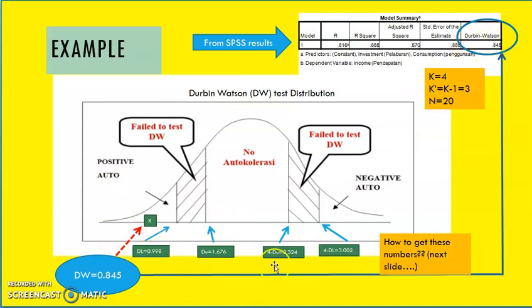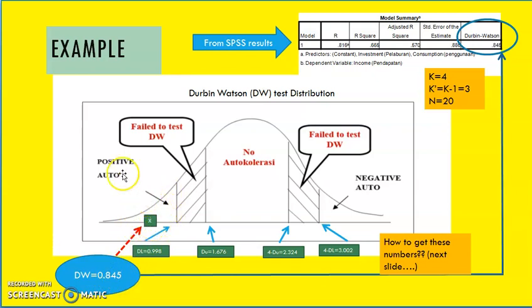When you have already allocated all the information here, now you can decide where your Durbin-Watson value will drop. When we see here, the Durbin-Watson represented by X in the graph is 0.845, which is in the first zone.